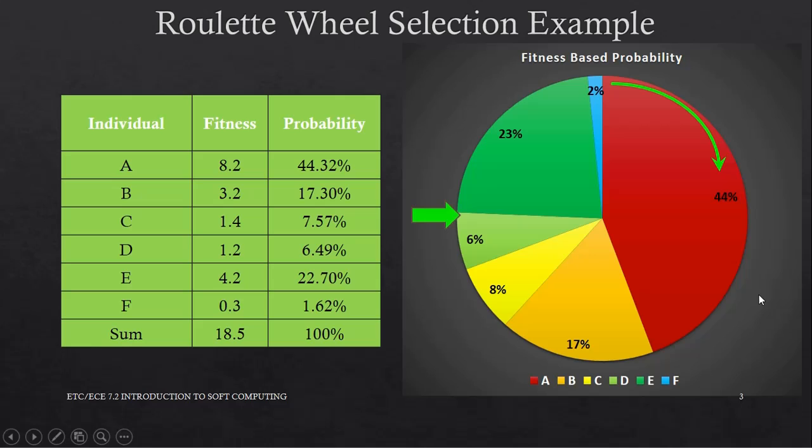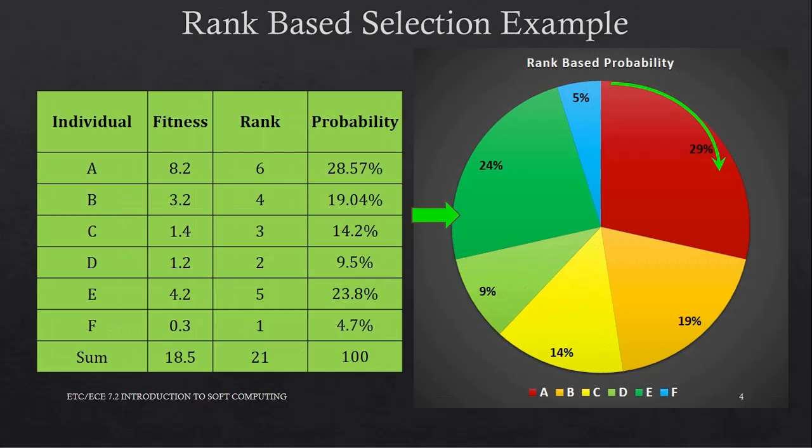Now, let us consider the rank-based selection method. Let us perform a step of ranking the individuals based on their fitness value from 1 to N. Note carefully, rank 1 is given to the lowest fitness individual, and rank N, which is the total size of the population, is given to the highest fitness individual.